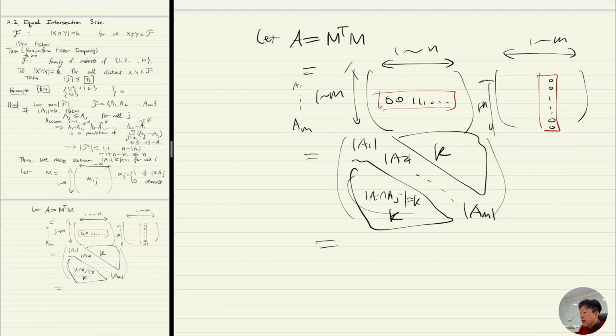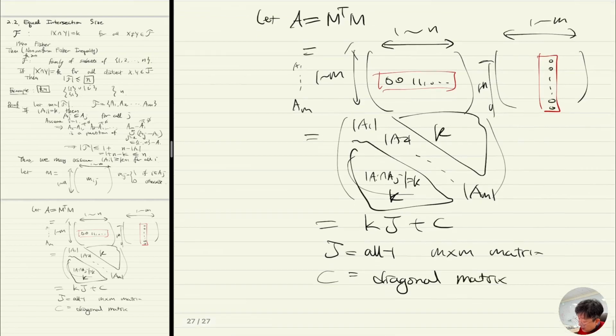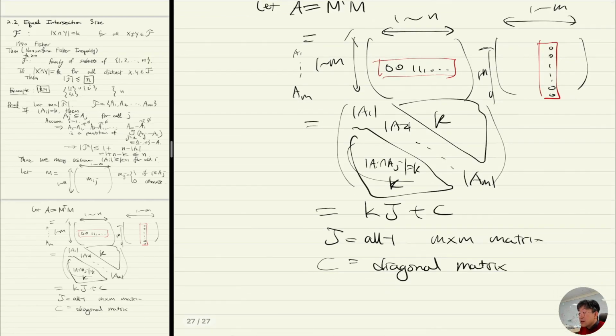So let's write it as kJ plus C, where J is the all-one m by m matrix, and C is a diagonal matrix whose diagonal entries are non-zero, so positive.